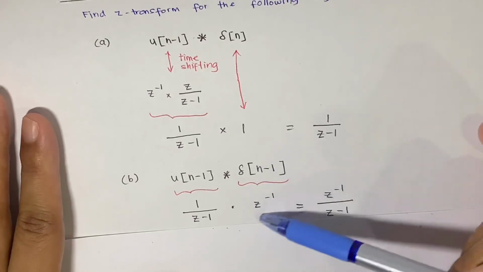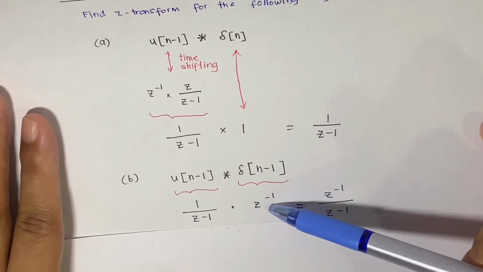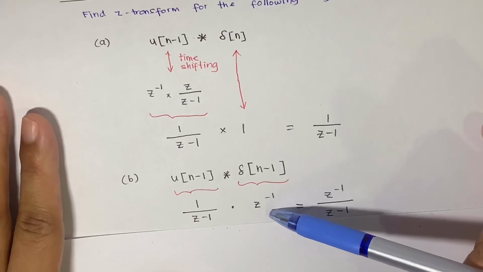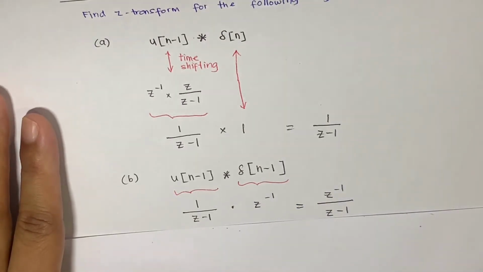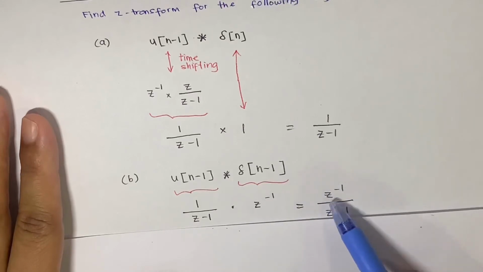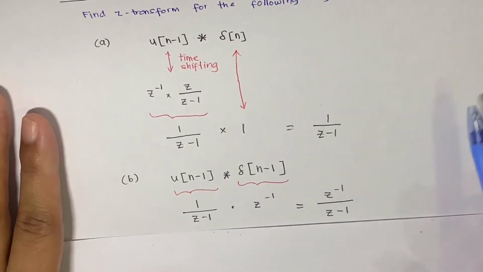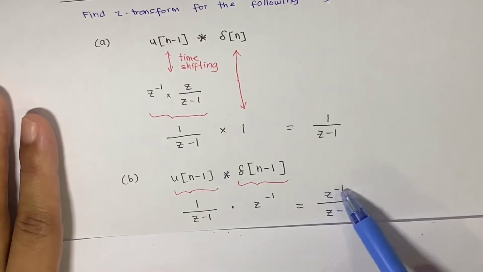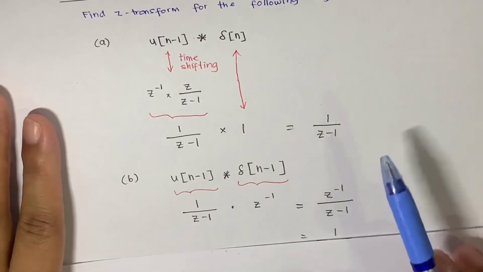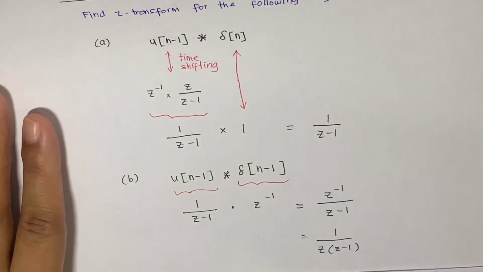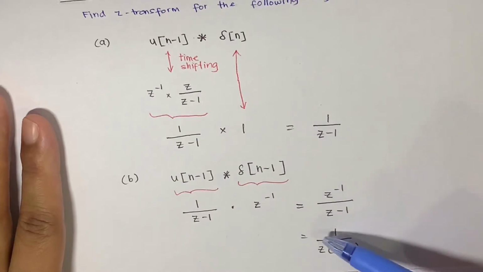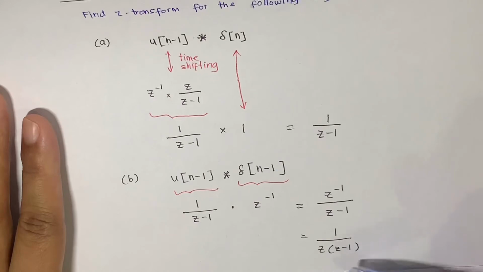The impulse you can get from the table of z transform pairs. Then multiply both of these z transforms, you will get z to the power of negative 1 over z minus 1. Rearrange it, and then you will get 1 over z multiplied by z minus 1.